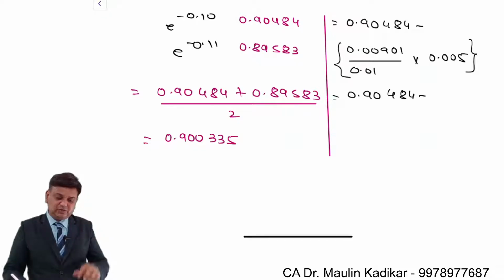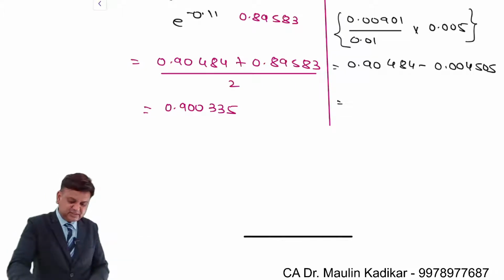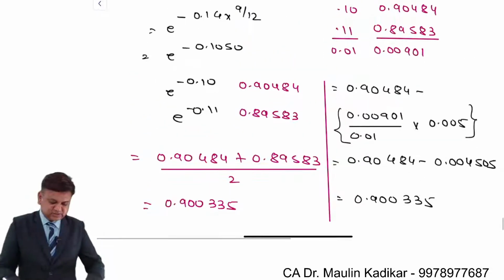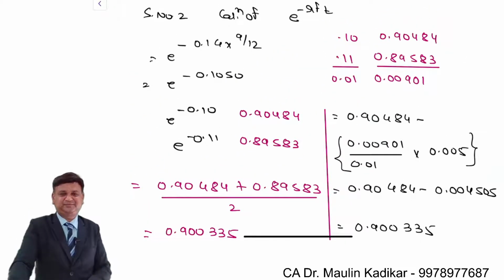So 0.004505 is deducted from 0.90484. So 0.900335. This is also the way you can do it if you do not want to do the average.